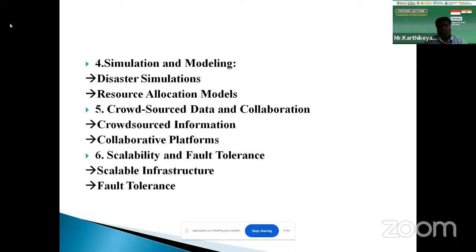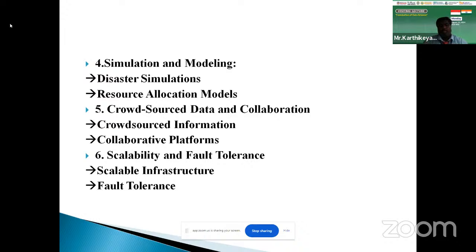And crowdsourced data also follows collaborative platforms, where multiple organizations and agencies can share information and coordinate their efforts. These platforms facilitate real-time collaboration and decision making.